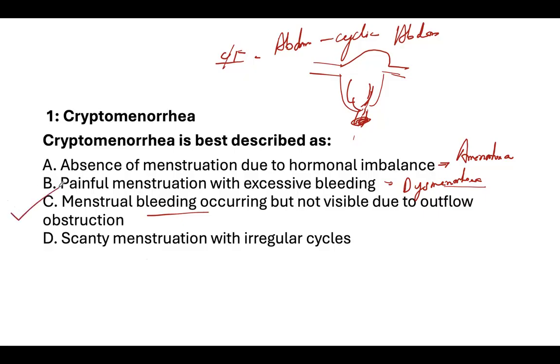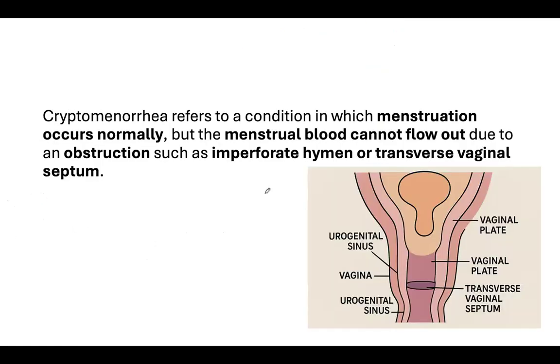We will do the latter part in an elaborate way. Now, scanty menstruation with irregular cycle can be due to so many reasons. Here the answer will be the menstrual bleeding occurring but not visible due to the outflow tract. Now, what happened in cryptomenorrhoea?